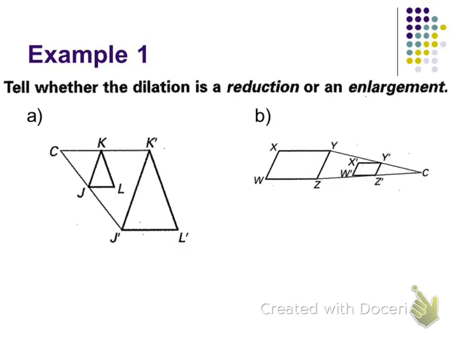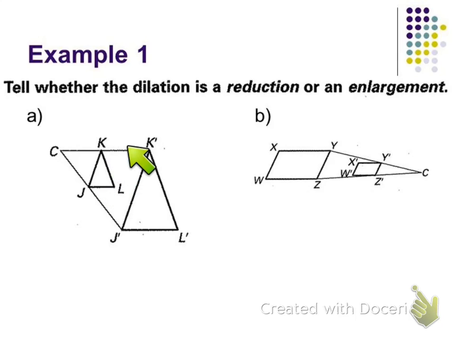All right, let's take a look at these. So in part A, which one's the original? Which one's the new one? Original is the big one, and the new one is the small one. How can you tell the difference?